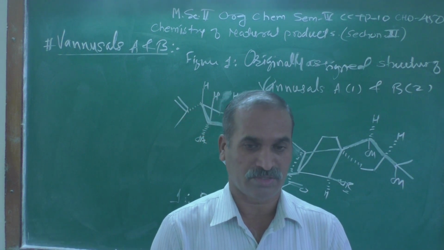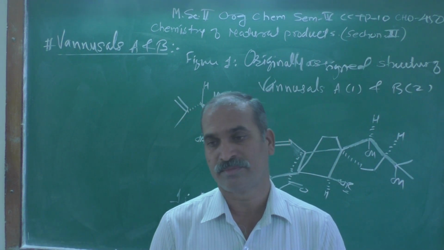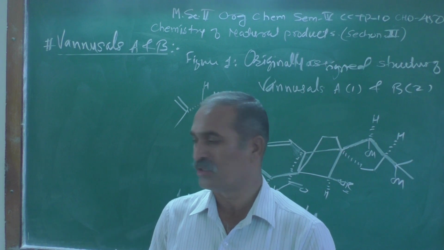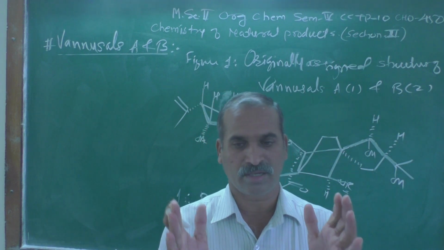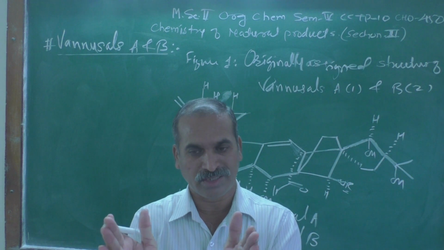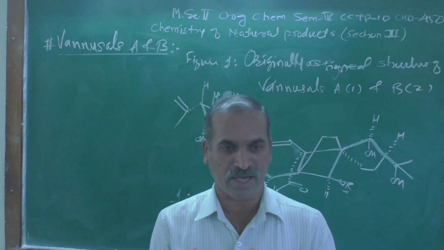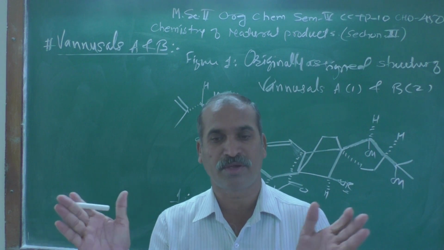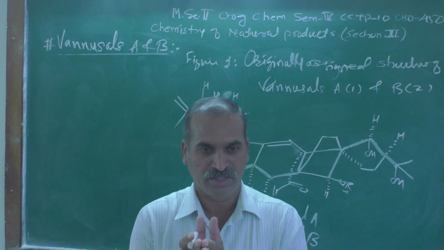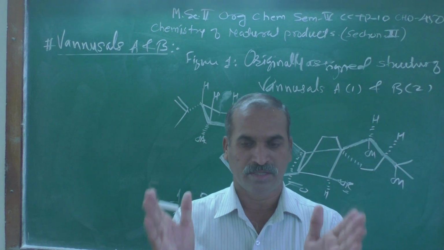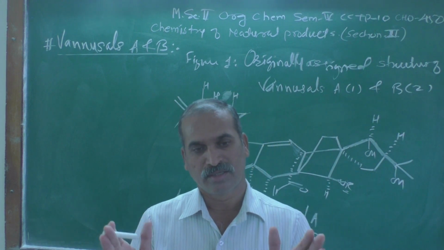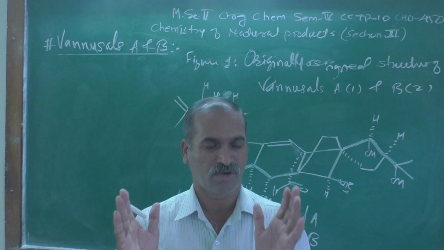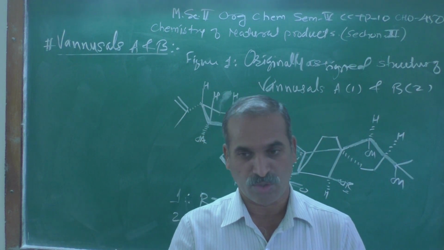Within that range there are certain fixed values. Aromatic compounds generally appear in the range 6.5 to 8.5. If protons appear within that range, the organic chemists come to know that there is a possibility of the presence of an aromatic ring.